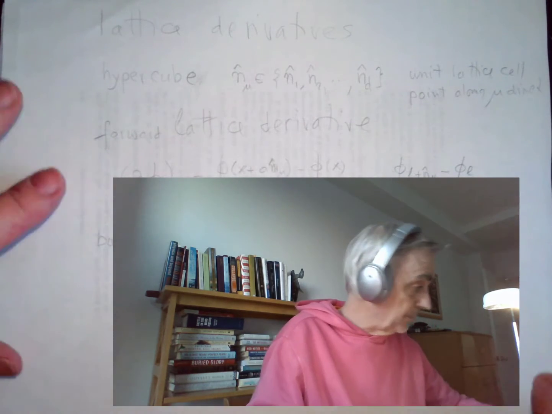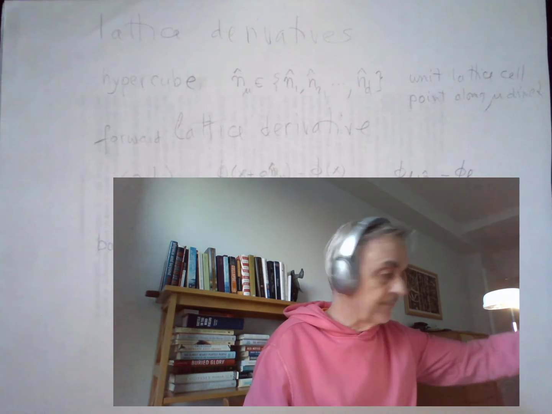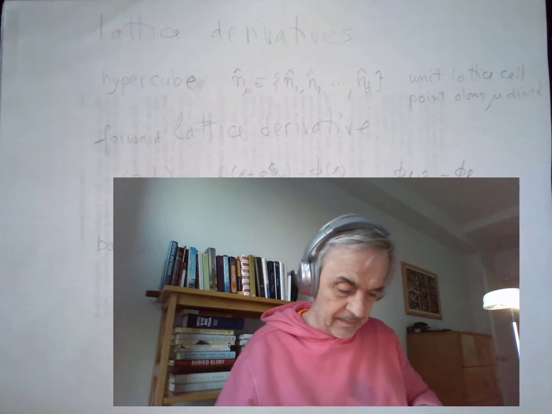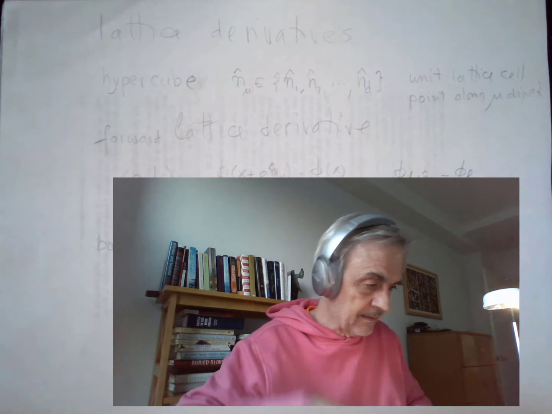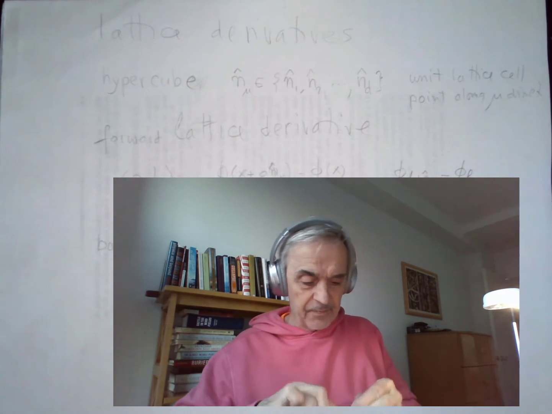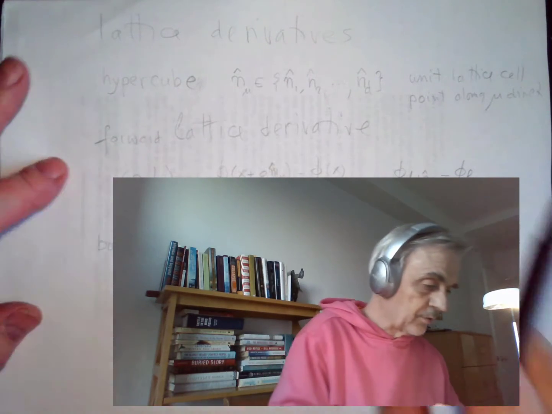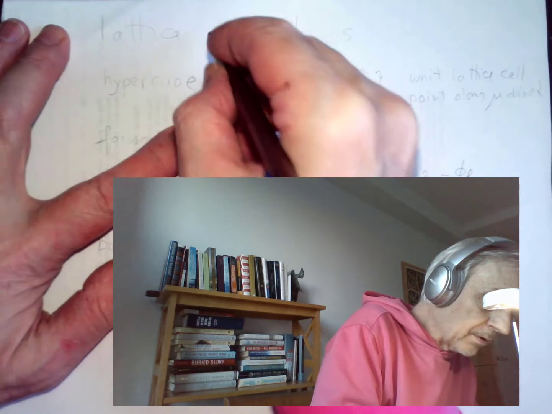Now, to do the things that we need to do to describe various phenomena, we have to define a variation of the function, not just its snapshot, but the rate of change as you move along your coordinates. Let's call it derivative.